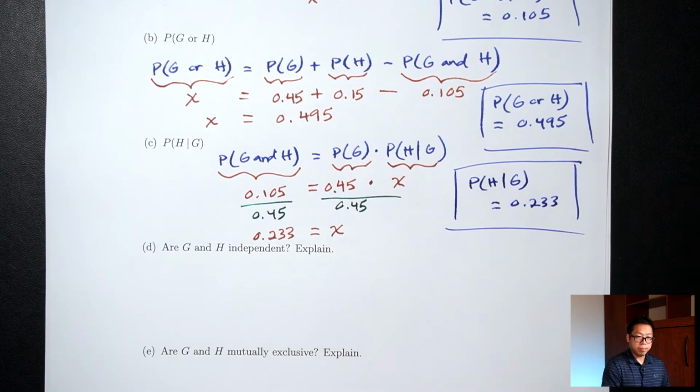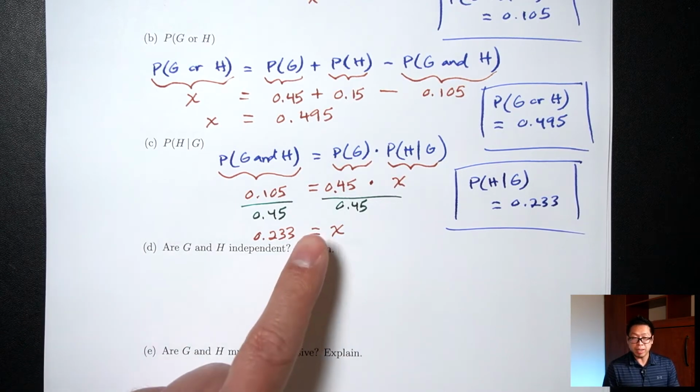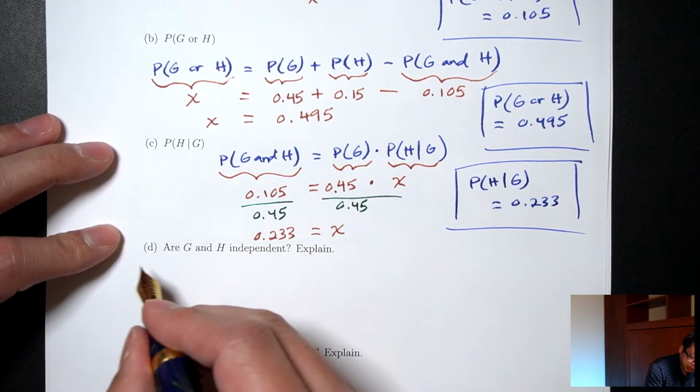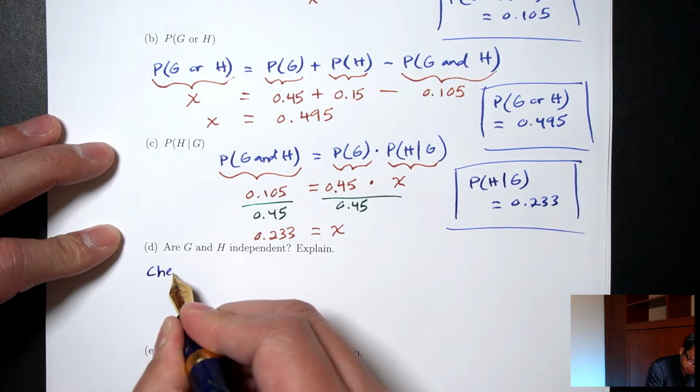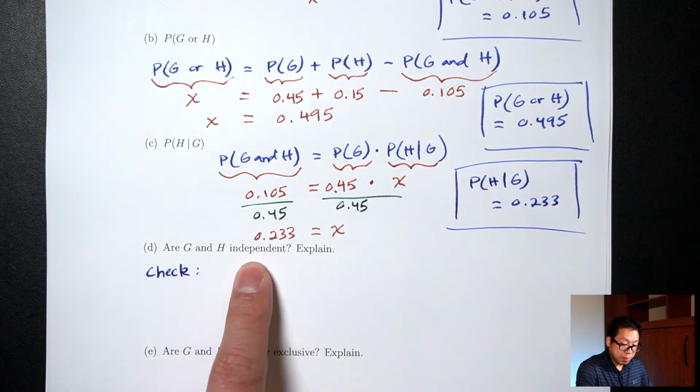Part D, are G and H independent? Explain. Anytime I'm asking about independent or mutually exclusive, and I say explain, I want you to check one of those equations on the front page. Which one are we checking? We're talking about independent.